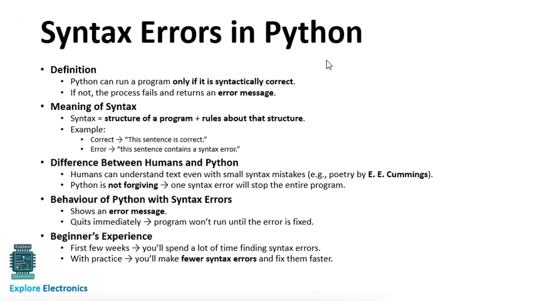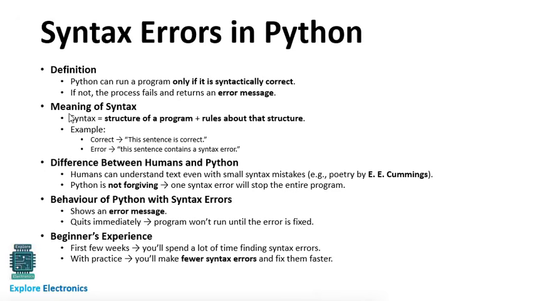I have told you in the beginning that Python will run only when the program structure and everything is correct, or else it will show an error. If not, the process fails and returns an error message.